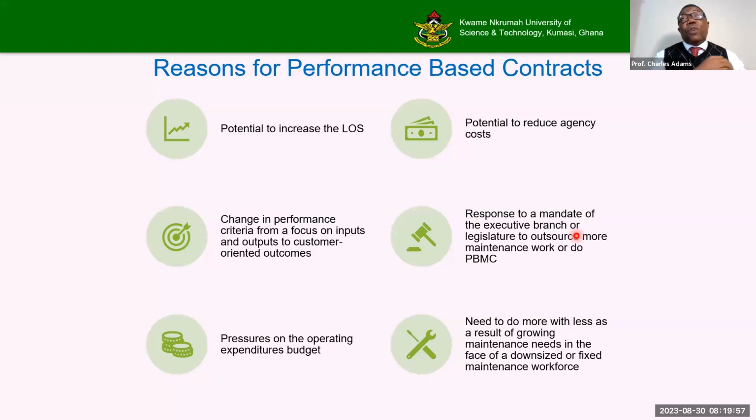So, for example, if government wants to do more projects and doesn't have a lot of money, but can get money at intervals, then you can outsource part of the network to performance contracting so that a certain number of kilometers are under maintenance by OPRC, and it works very well. And sometimes you want to do more with less, therefore you do OPRC.